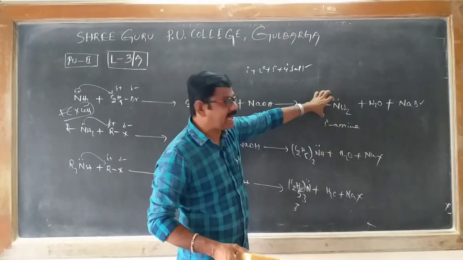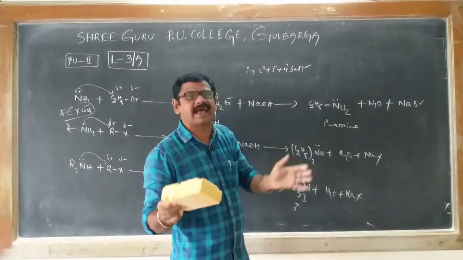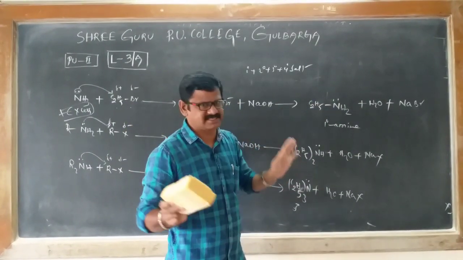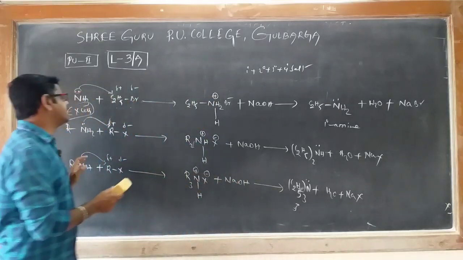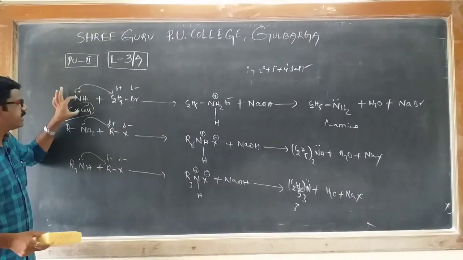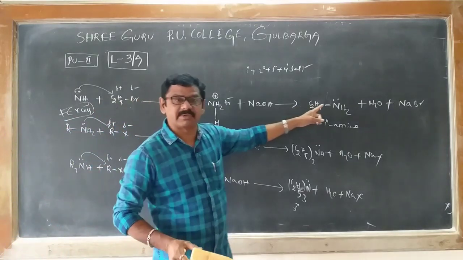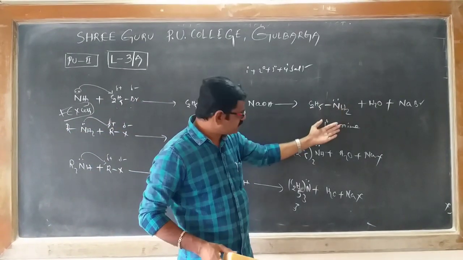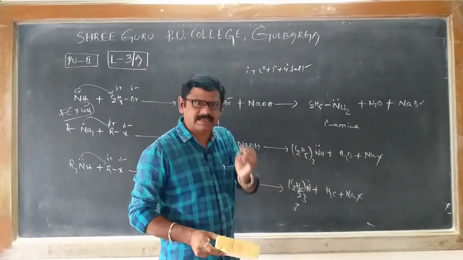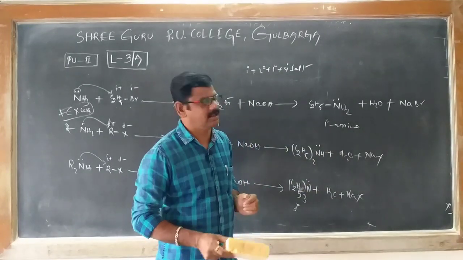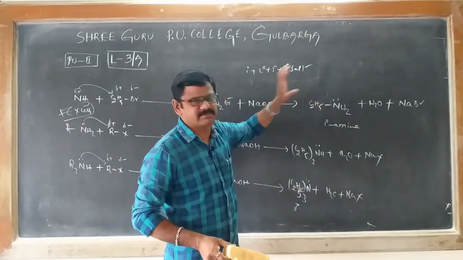Stopped means the primary amine is obtained as the major product. Of course, the remaining are also obtained, but at a very minute level. The major amount is primary amine.